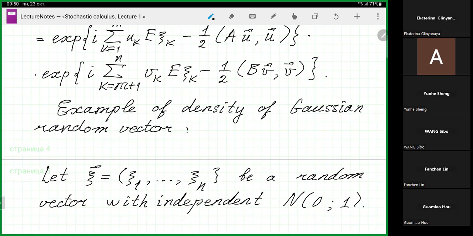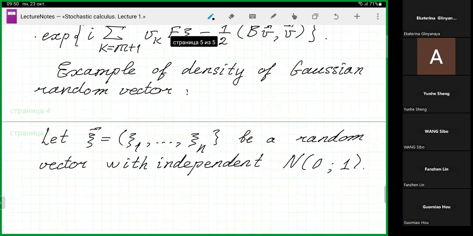You see, maybe you often meet in statistics the name of such special Gaussian distribution with parameters 0 and 1 as a standard normal or standard Gaussian distribution. We will follow this name, and I will say that psi is a standard Gaussian random vector.